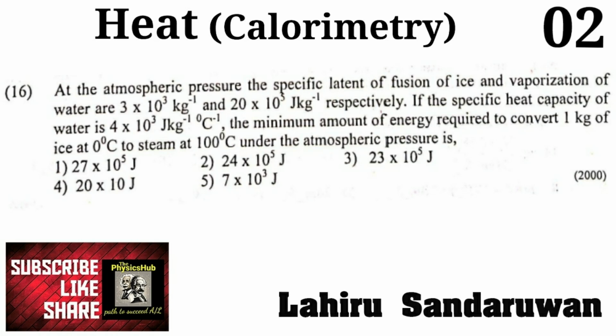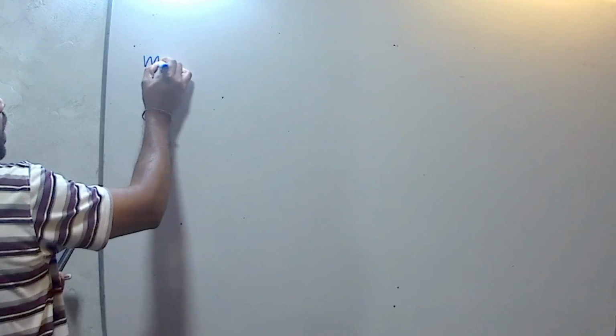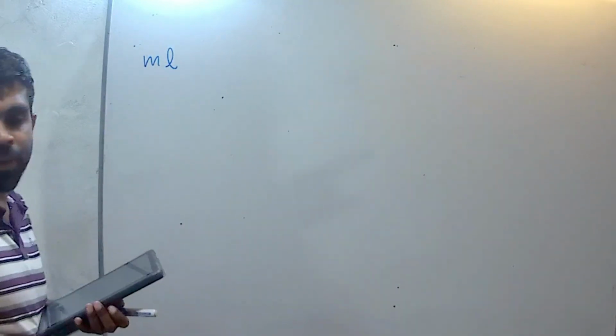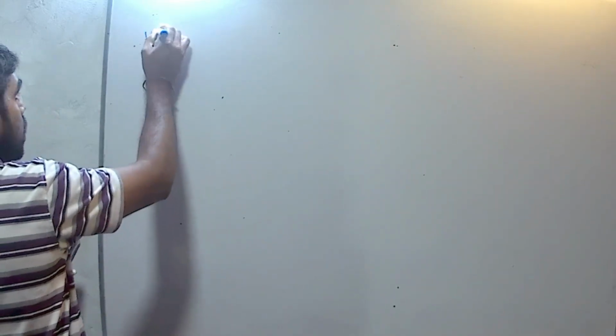If the specific heat capacity of water is 4 into 10 to the power 3, the minimum amount of energy required to convert 1 kilogram of ice at 0 degrees to steam at 100 degrees under atmospheric pressure is? There are 3 types of heat absorption. First one is melting ice. It is a phase change. We have to use m l.